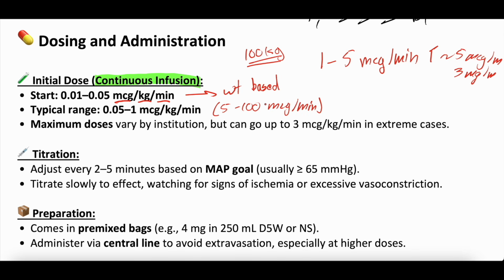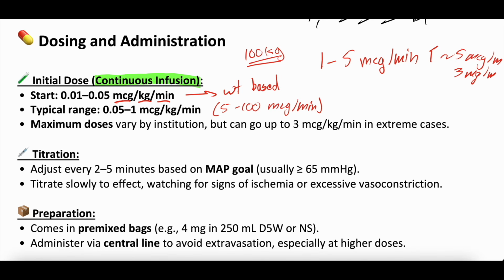Now, you can go above this. There's no maximum that says there's only this much norepinephrine you can give. Now, there is some literature on the maximal amount of norepinephrine that's efficacious, that works, and where higher doses don't do much. But even that literature is really soft, really tough to know what that actual maximal dose is.